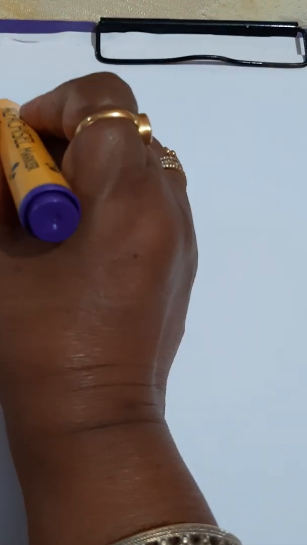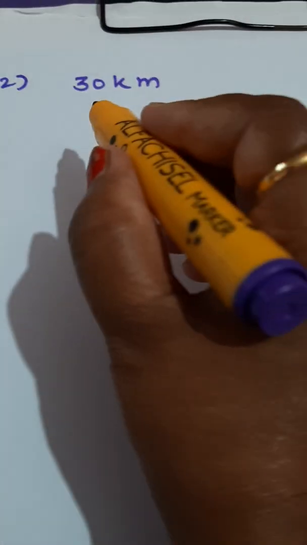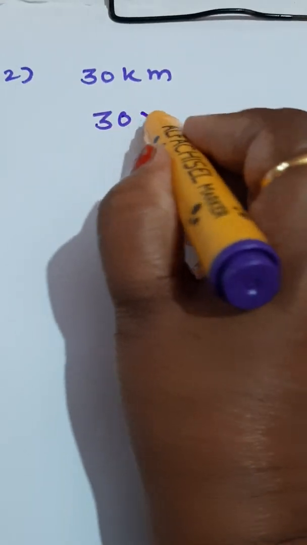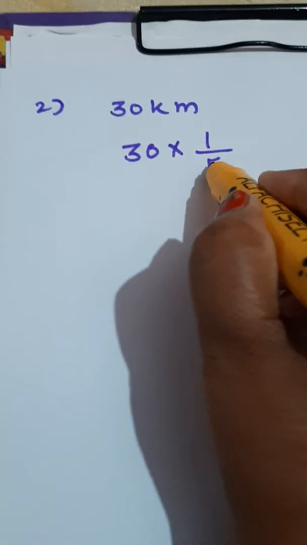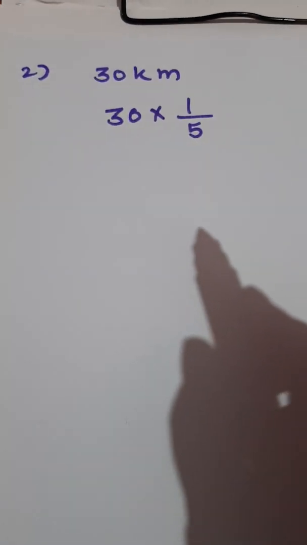Next, second one, 30 kilometers. What is 1/5 of 30 kilometers? How to find out? The same way, 30 multiplied by 1/5. Here we want to find 1/5, so multiplied by 1/5.